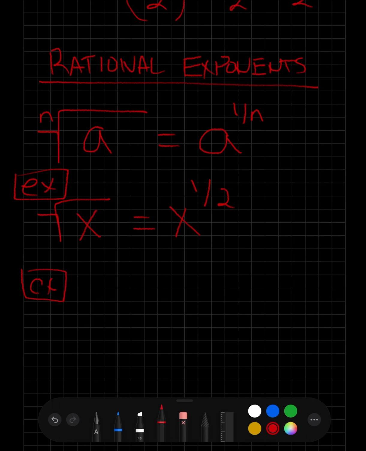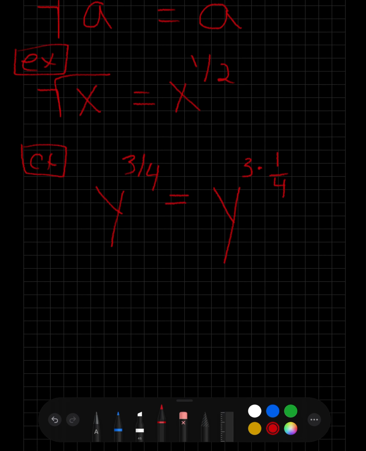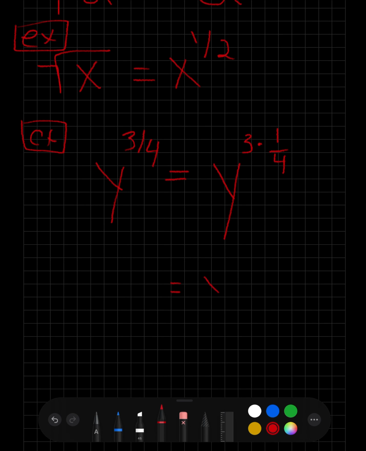Or I could say, for example, suppose I had y to the 3/4 power. And you might be like, oh, Sarah, I don't know how to write that as a rational exponent. I can help you. Take a look at this. This is y to the 3 times 1/4.